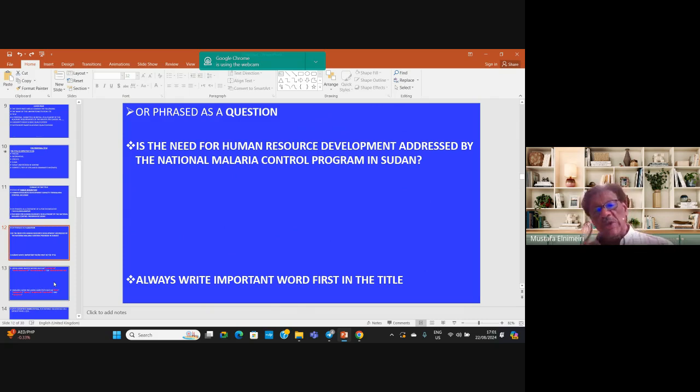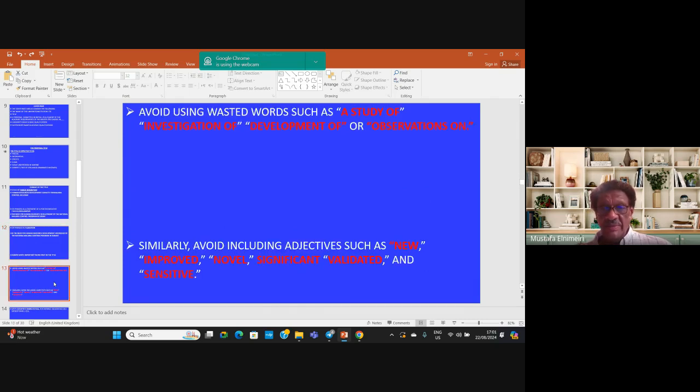And it's better always to write important keywords first in the title so that they can be easily understood by the readers. Avoid using wasted words such as study of, investigation of, development of, observations on, survey of.